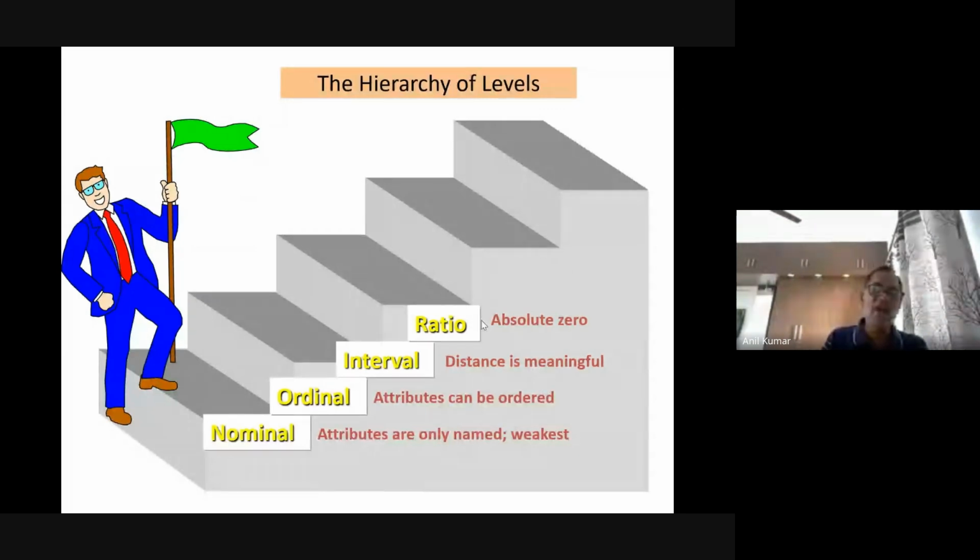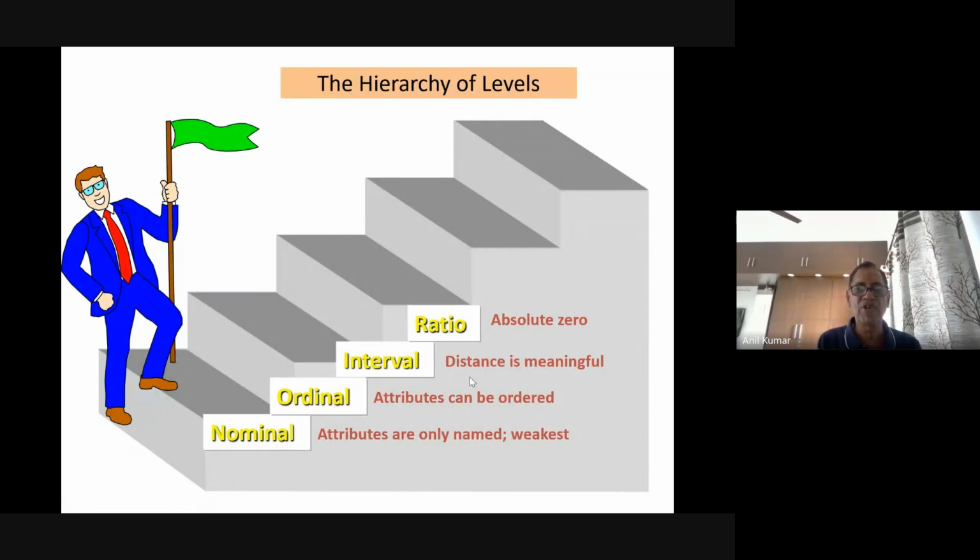If you ask me which is the most powerful level of measurement, ratio is the most powerful, along with interval. That's why, for a parametric test to be used for data analysis, you must have your variable measured at interval or ratio level, because here the distance between two elements is defined.